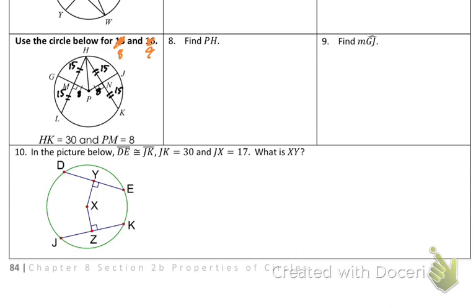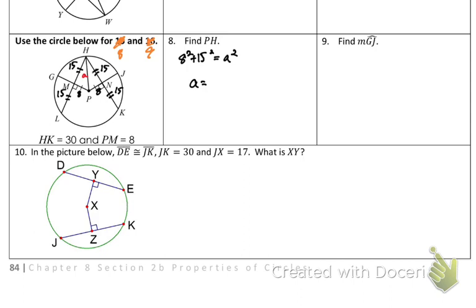What kind of triangle is the one with the 8 and the 15 on it? It's a right triangle. How do I find a missing side of a right triangle? Pythagorean theorem. So we'll call this H. Oh, we already have an H. Can you pick another letter, Will? A. So we'll call this length A. To find pH, I'm going to go 8 squared plus 15 squared equals A squared.